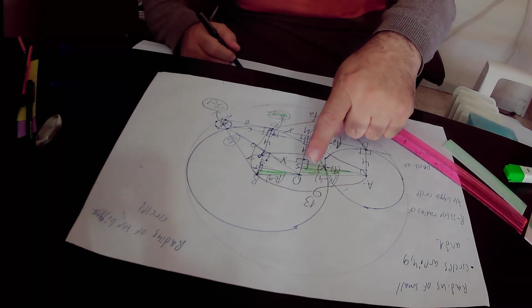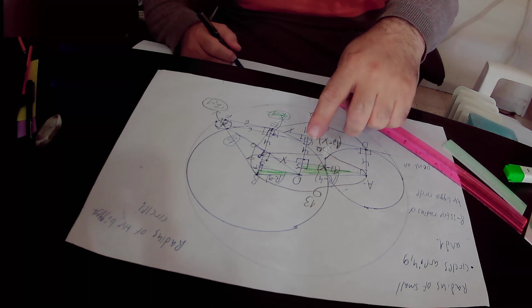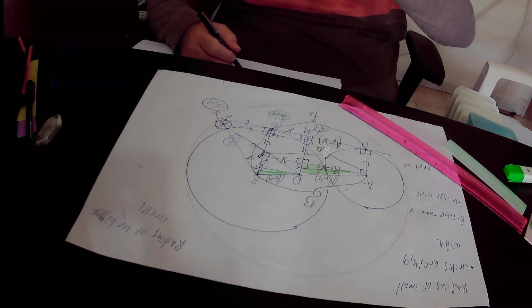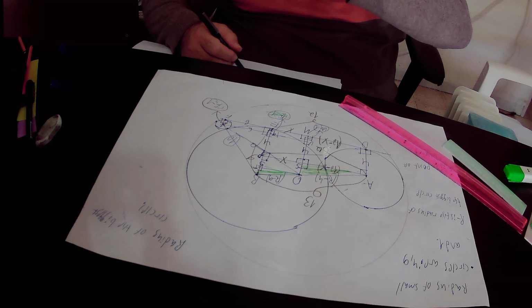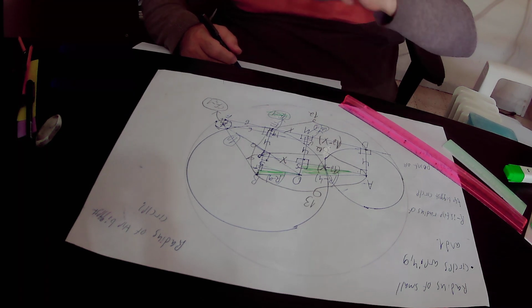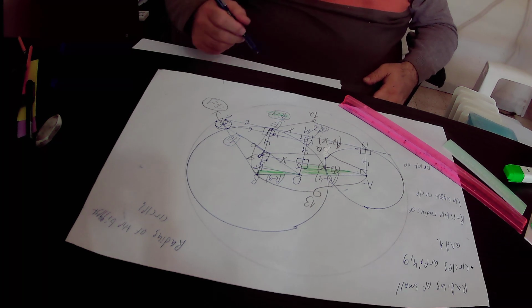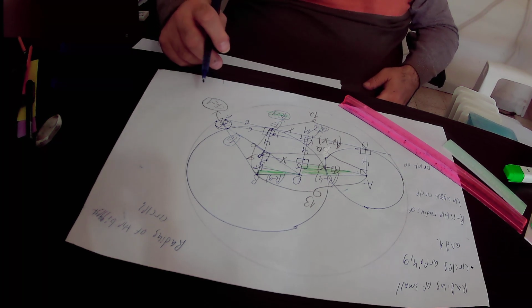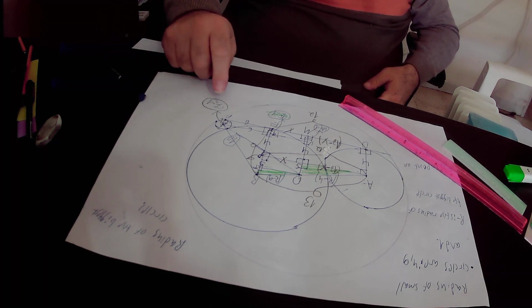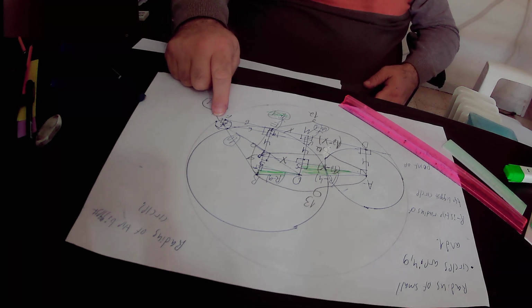O is the center of the biggest circle, whose radius is capital R. C is the center of the smallest circle, whose radius is 1 unit. And those two circles are touching each other internally at this point.